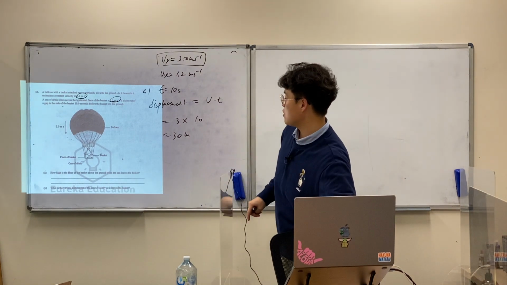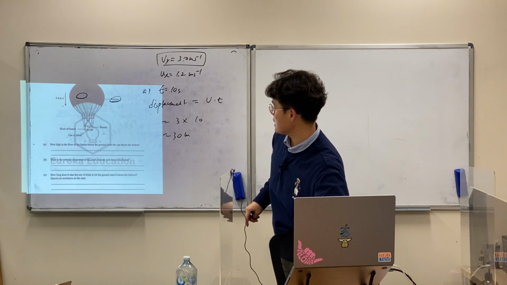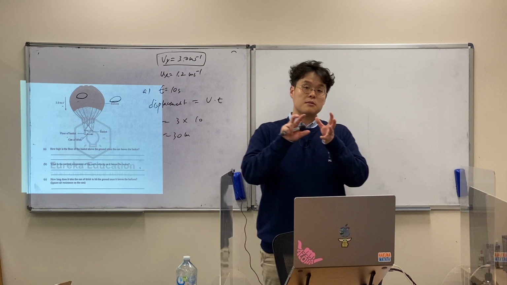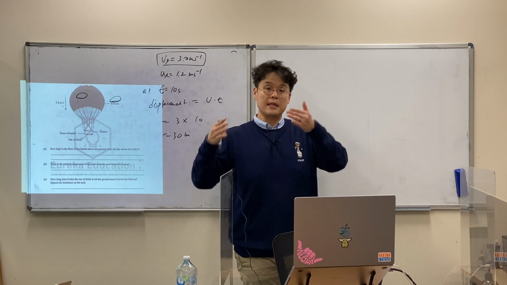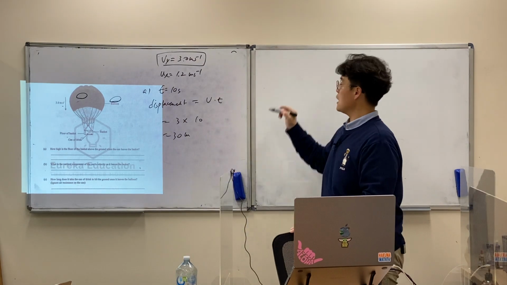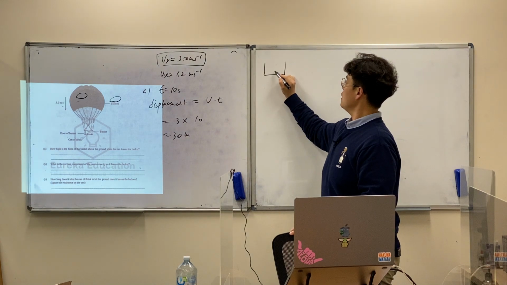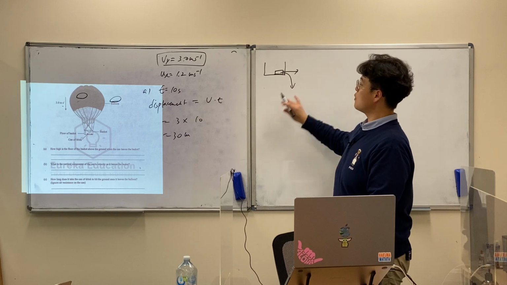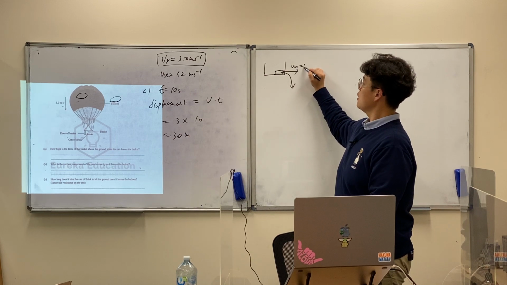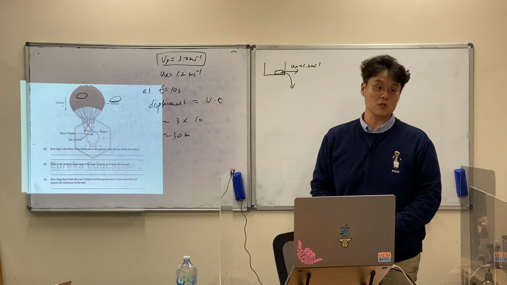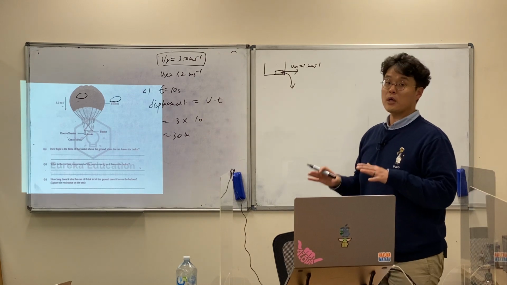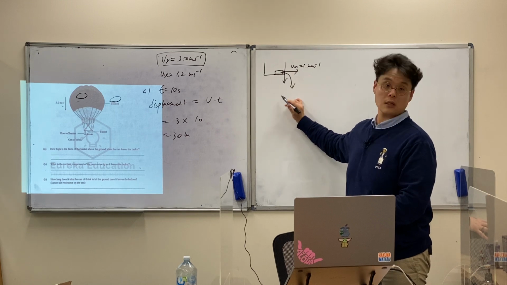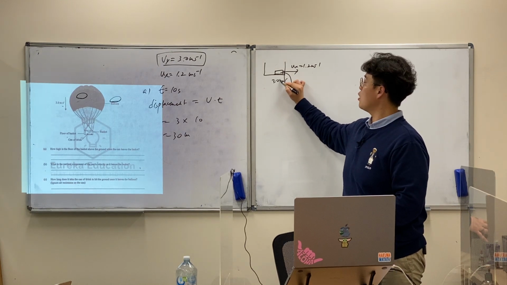B, what is the vertical component of the can's velocity as it leaves the basket? We can just assume that when the can leaves the basket, it was actually descending first of all. So when the can just left the floor of the basket, it will have the horizontal velocity Ux of 1.2 meters per second, first of all. But as it was moving down initially, the initial velocity will be this, going down at 3.0 meters per second.